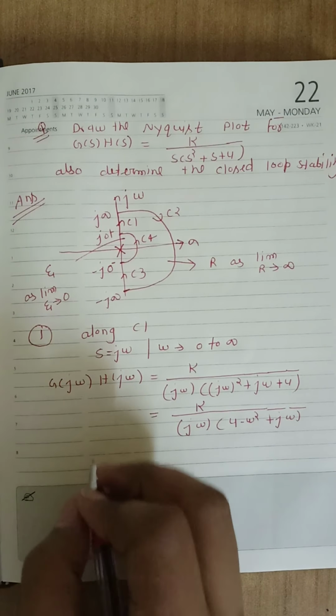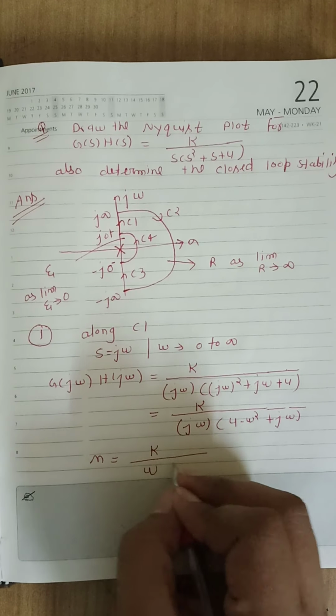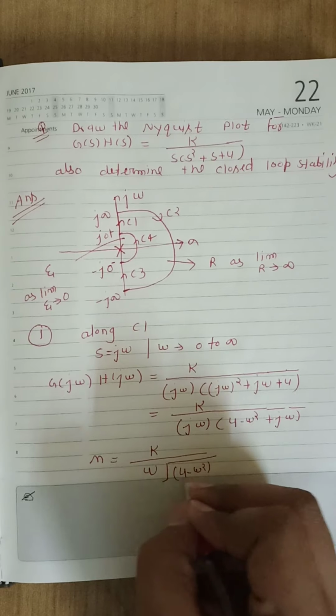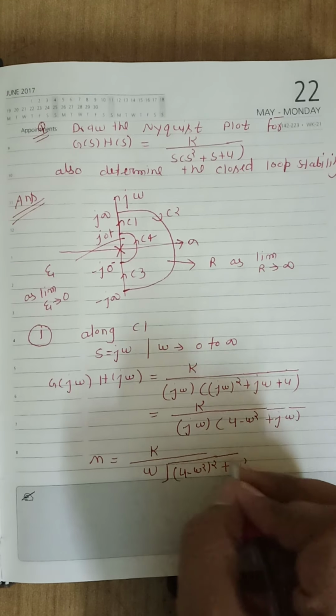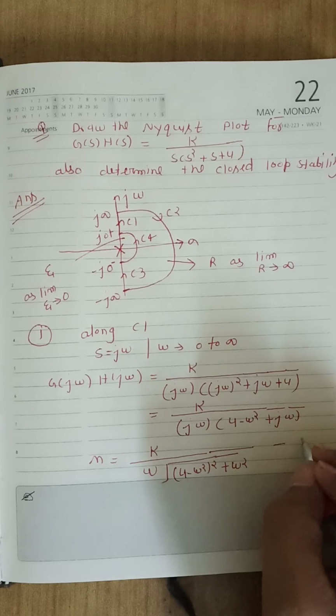That is why the magnitude becomes K over omega times the square root of (4 minus omega square) power 2 plus omega square. This is the magnitude.